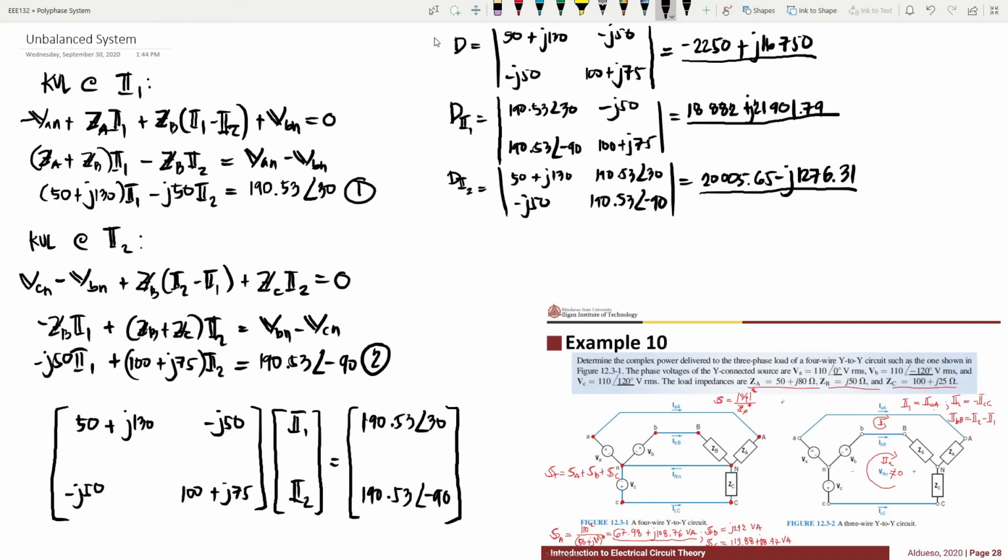Now solving for the value of I1, D sub I1 over D is equivalent to 1.71 angle of negative 48.42.